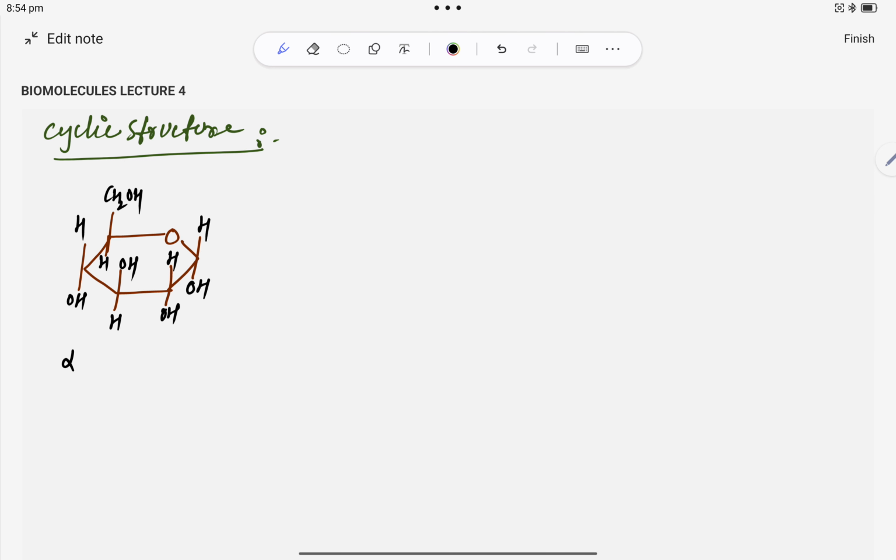It is also called alpha-D-positive glucopyranose.